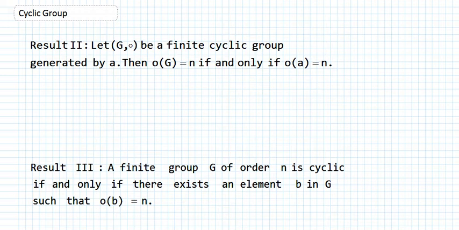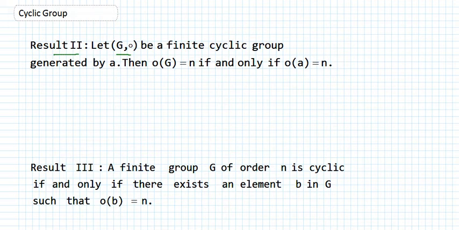Talking about the results, here is result 2. It says that if G is a finite cyclic group, meaning G contains only finitely many elements, that's why it's finite.